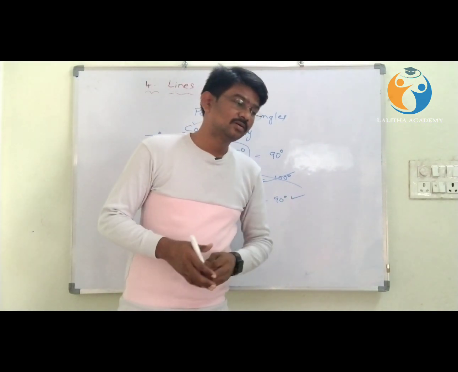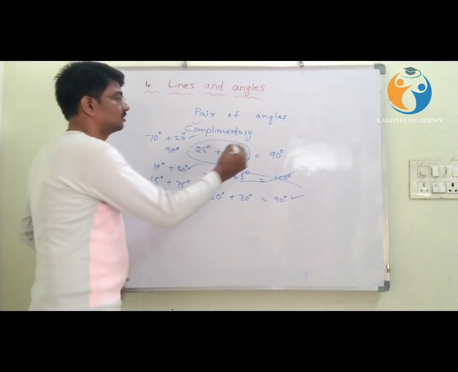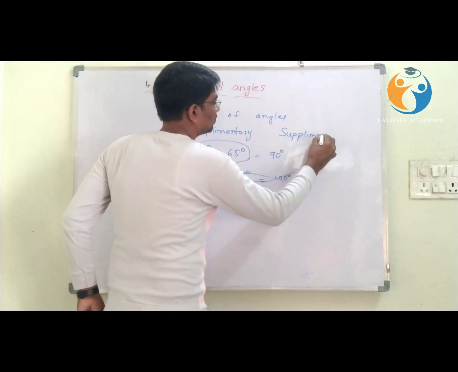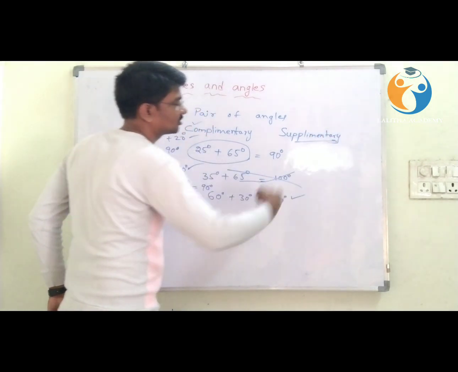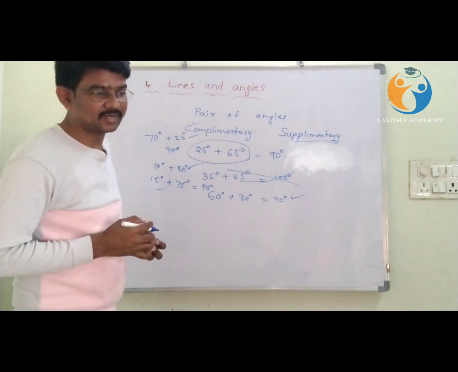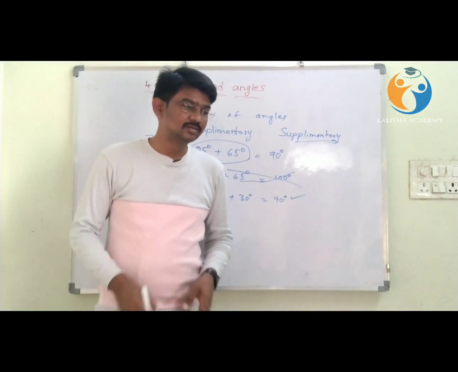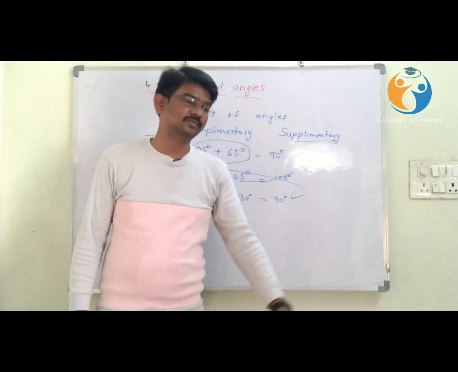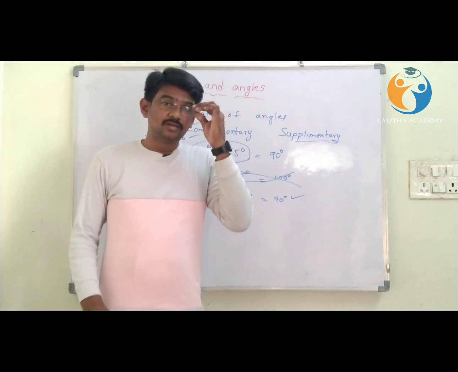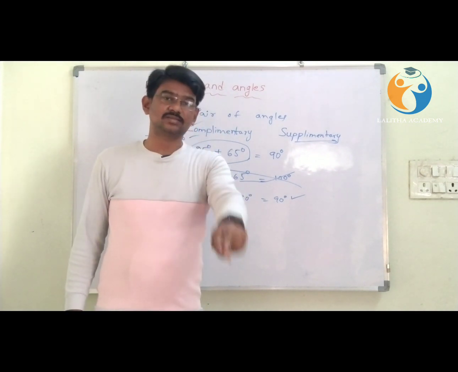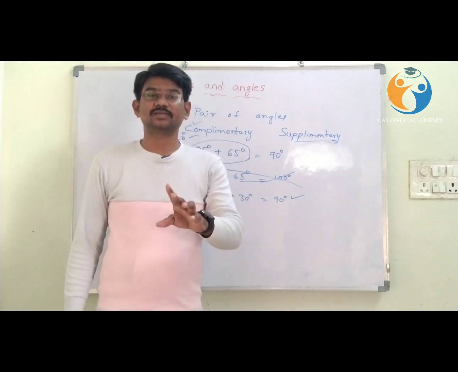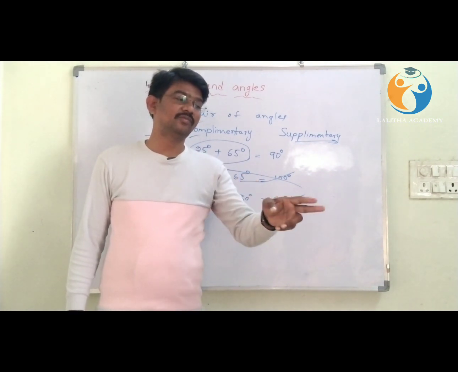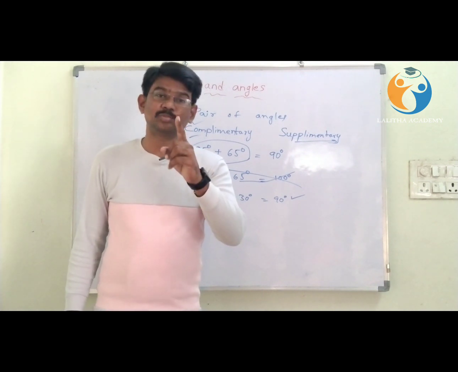One more name is there, that is supplementary angles. What is that? Supplementary angles. Sum is the matter here. Sum means total, addition. If the sum of a pair of angles is 180 degrees, that pair of angles is called supplementary angles.